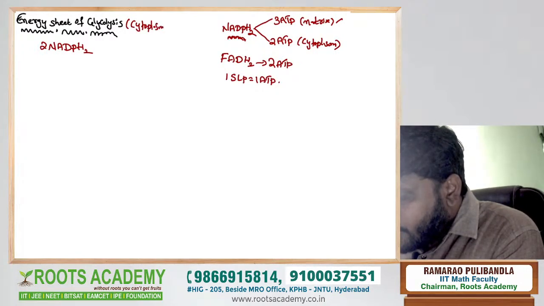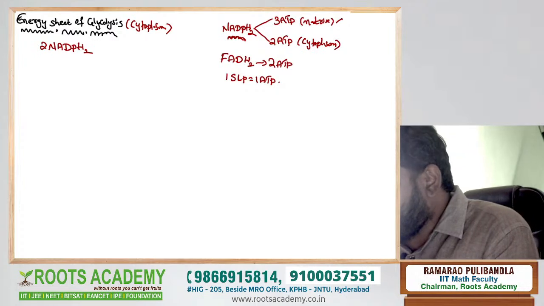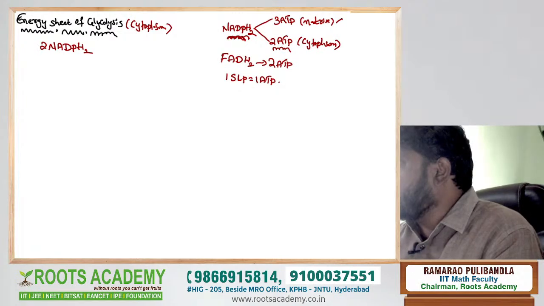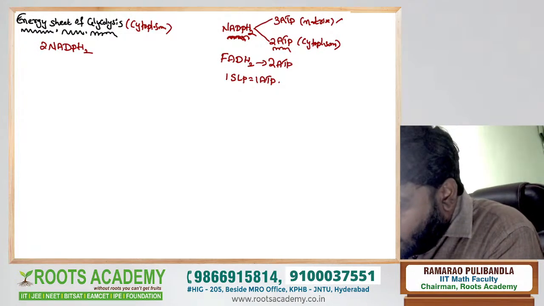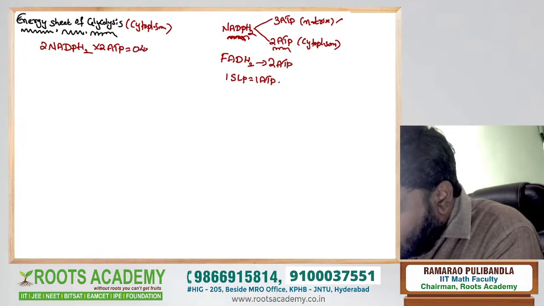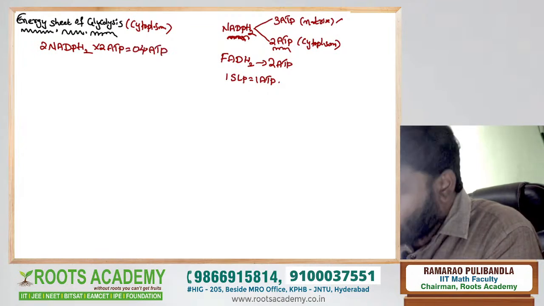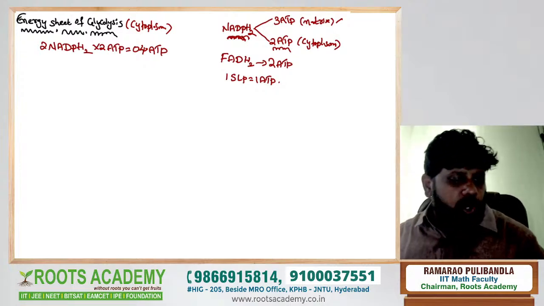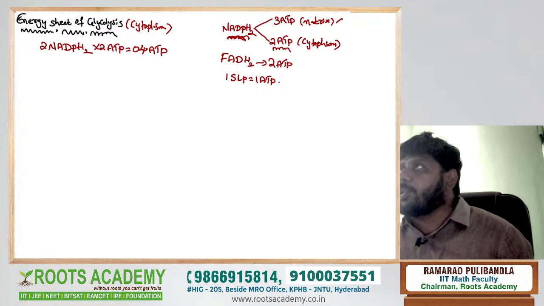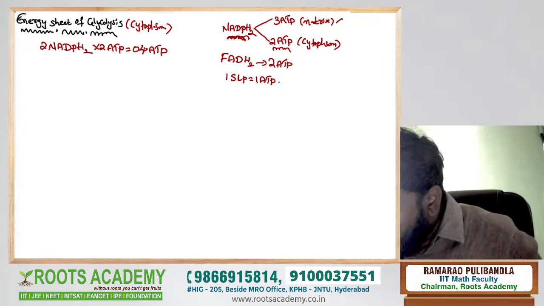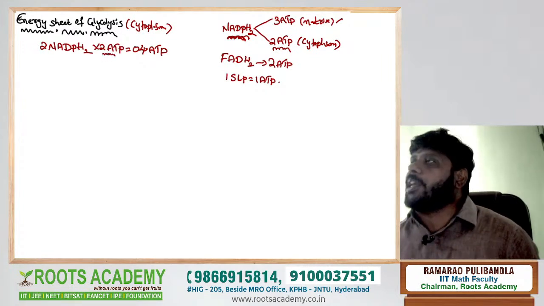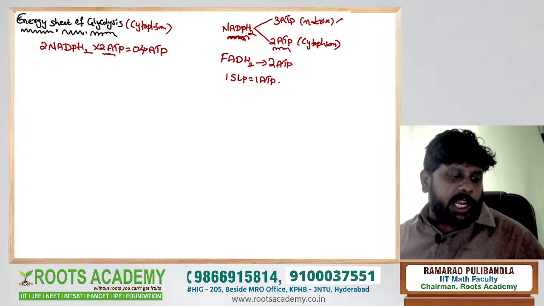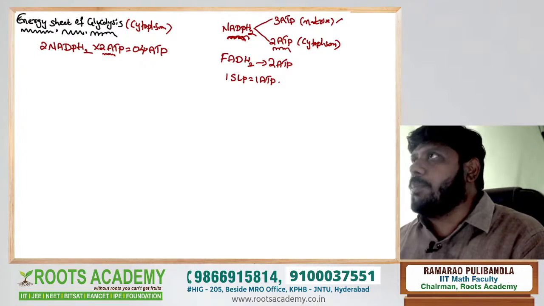Glycolysis takes place in the cytoplasm. Since it is cytoplasm, 1 molecule of NADH2 produces 2 ATP. So 2 NADH2, each one produces 2 ATP. 2 into 2, 4 ATPs.